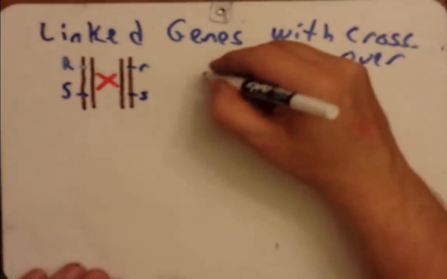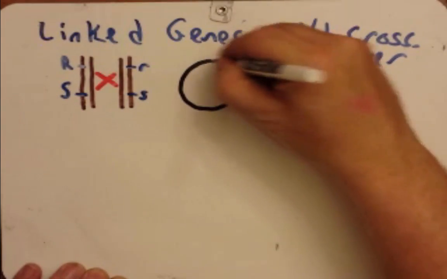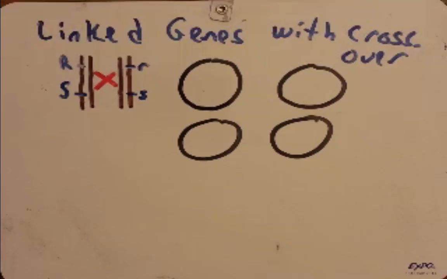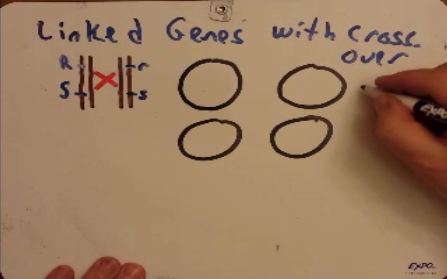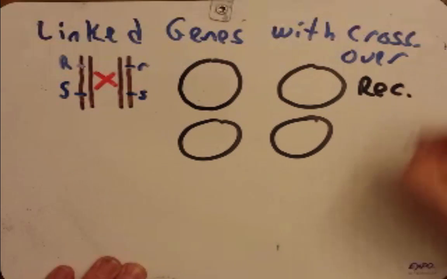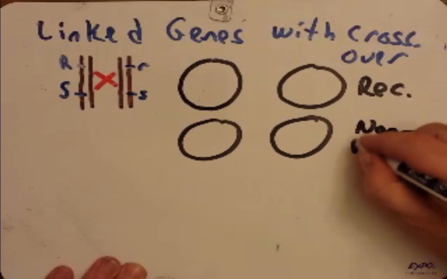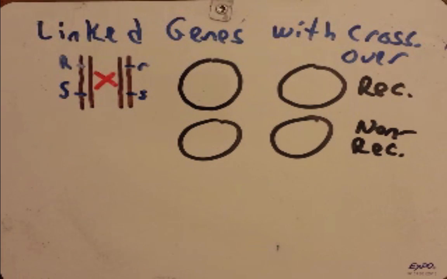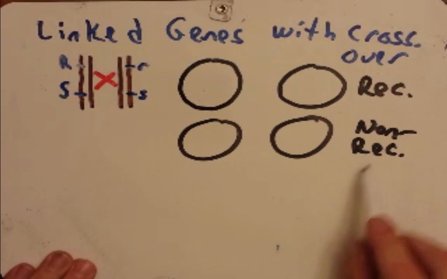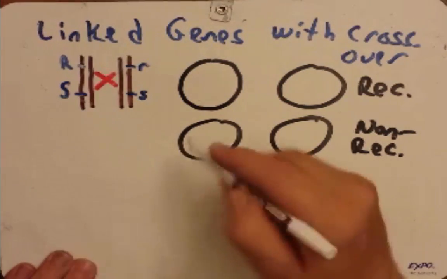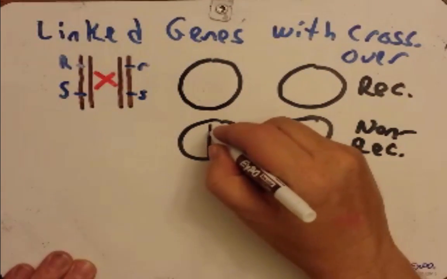And because of that, when we look at our gametes, let's draw our 4 possibilities here. We're going to have 2 recombinant and 2 non-recombinant. The 2 non-recombinant, big R, big S, they're not involved in the crossing over.